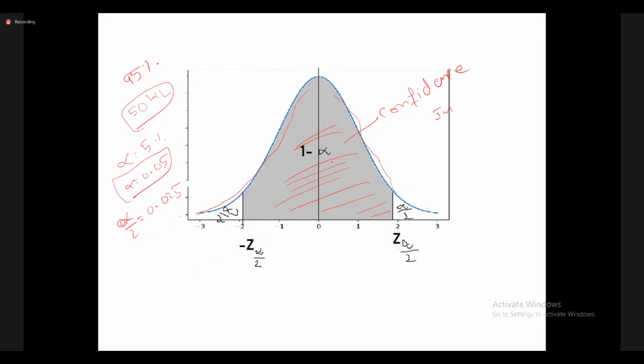This much confidence you are telling: 95% my bike will give 50 kilometers per liter. The remaining 5%, we don't know; we are rejecting that. That 5% is divided into two parts. This is alpha by 2, and this is also alpha by 2.